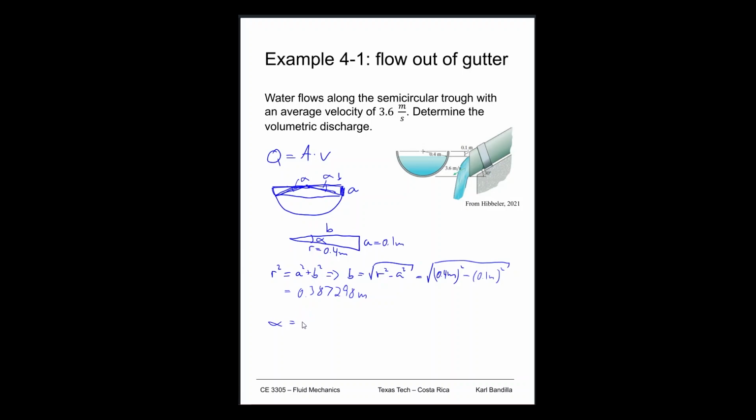Alpha is sine to the minus 1 of A over R, equal to sine to the minus 1 of 0.1 meter divided by 0.4 meters. The meters cancel, and we get 14.47751 degrees.